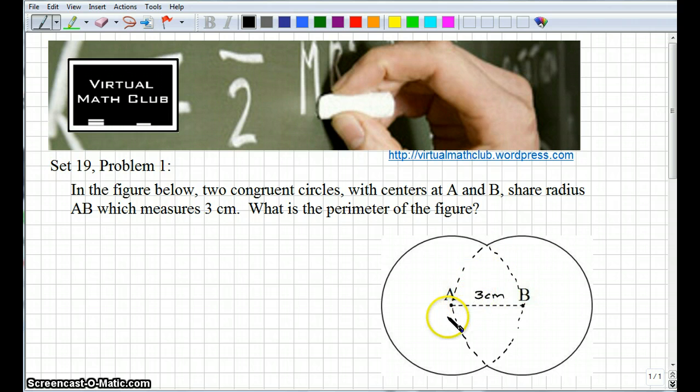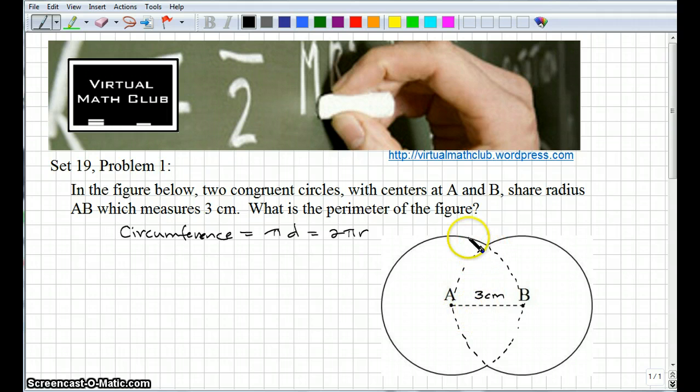We're asked to find the perimeter, and we can find the perimeter of a circle, or just the circumference of a circle. Circumference is equal to pi times the diameter, or 2 pi times the radius. But we don't have a complete circle.